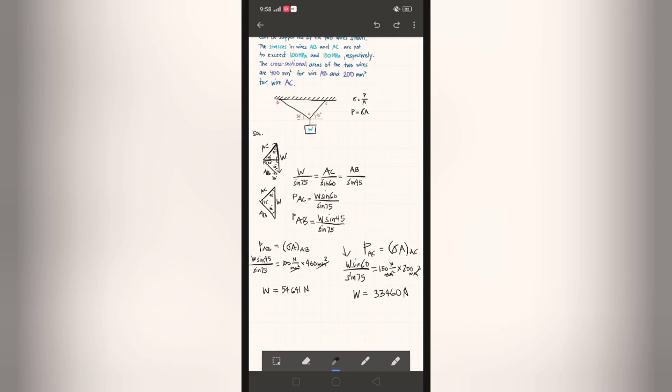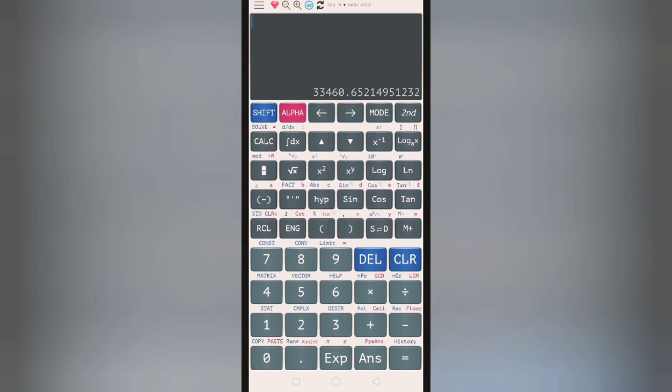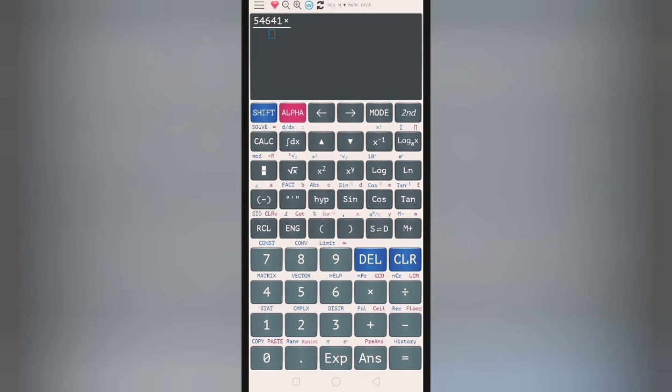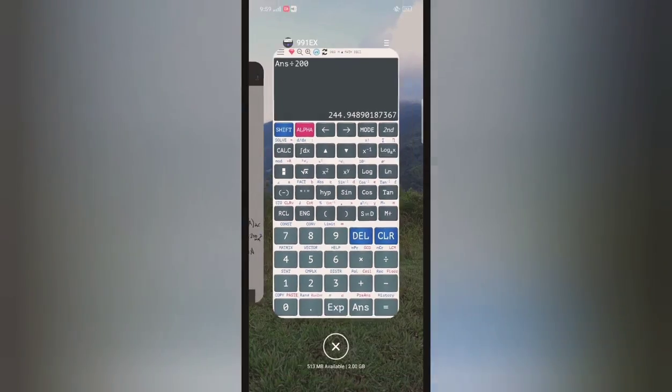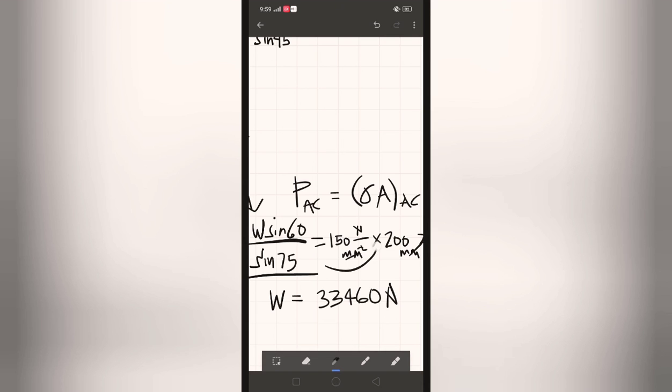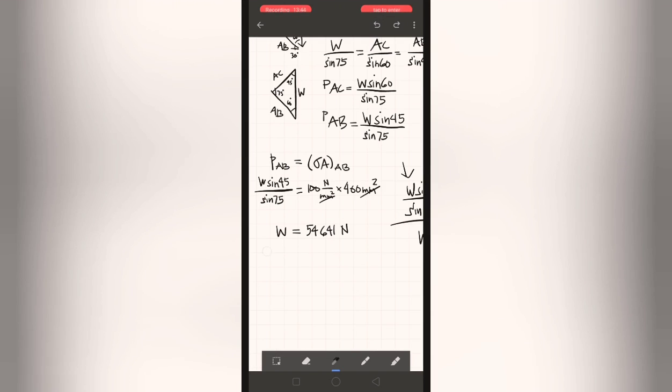So if we try plugging in 54,641 to this equation, 54,641 times sine 60 over sine 75, and then divide it by the cross-sectional area of 200, we will get 244 MPa, which is greater than 150 MPa.